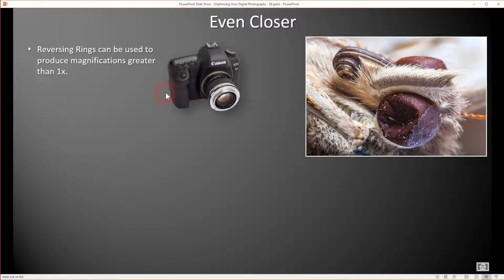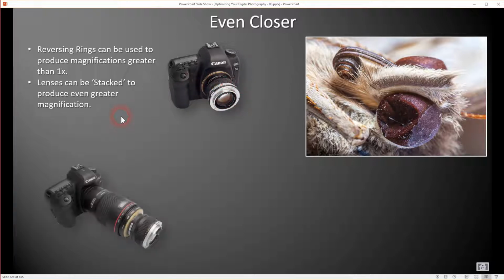So just using very simple reversing rings, as we call them here. There's an attachment that fits onto the camera, and there's a filter thread attached to it. You then screw your lens, in this case a standard lens, reversed, onto this attachment, and then you can take pictures like that, and you can get quite close using reversing rings.